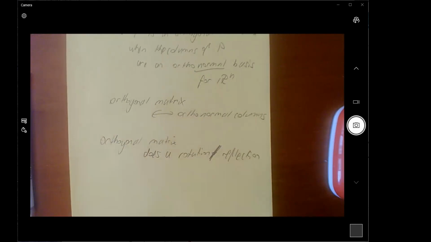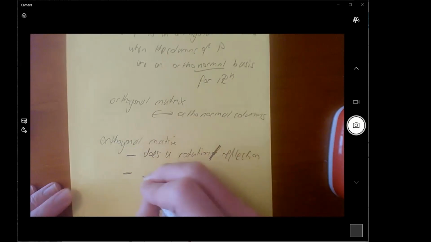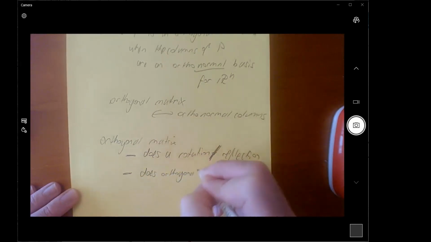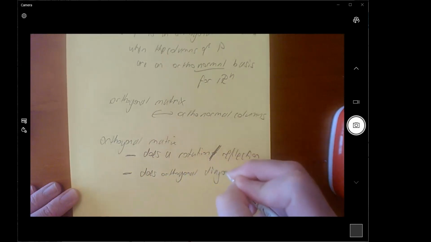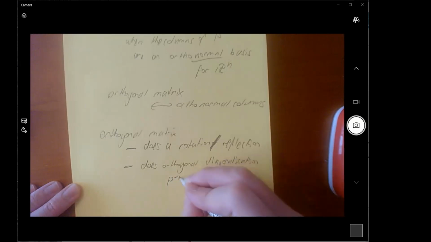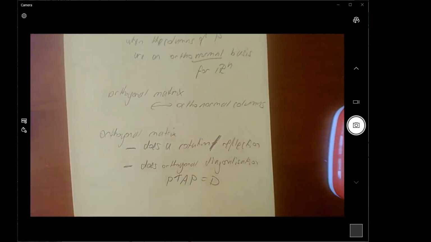And also, when you do orthogonal diagonalization, you have to use an orthogonal matrix. So P inverse, P transpose, matrix P comes out to a diagonal matrix like that.